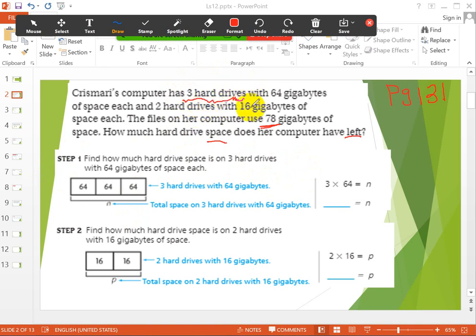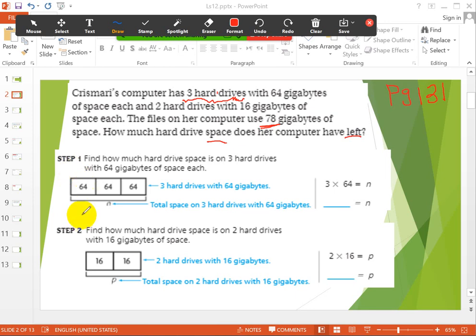I know that each one has 64 gigabytes. So if I have 3 hard drives, what is the space here? That means, look, this is the first one, this is the second one, this is the third one. I have 3 hard drives.